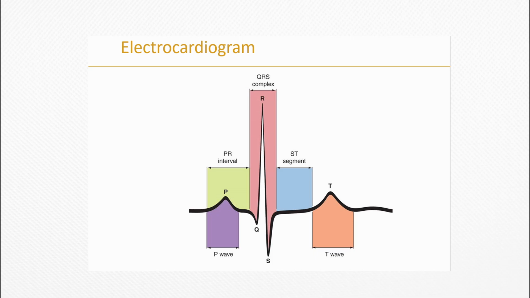You can see there is a P wave, a PR interval, so the space from the P to the R, a QRS complex, ST segment, and then also a T wave. You're going to want to understand how to interpret a diagram like this.